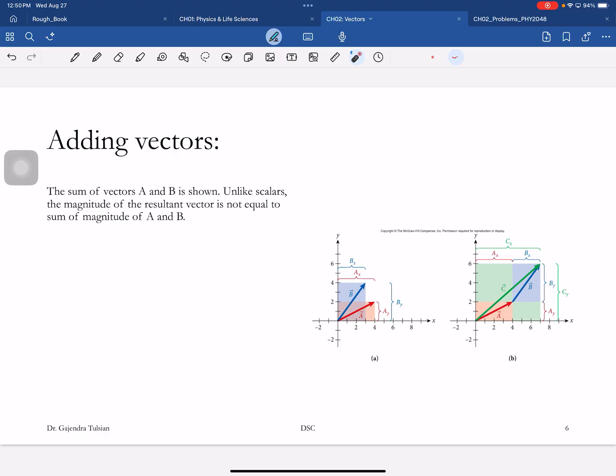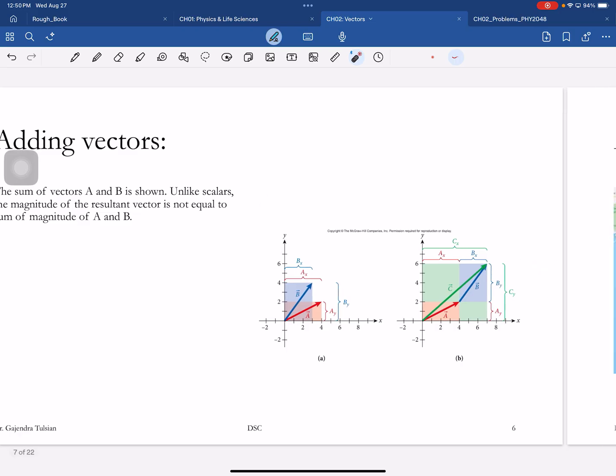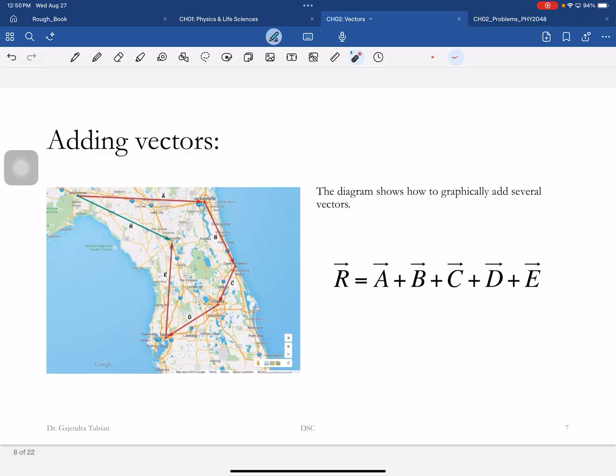If you're doing 2 dimensions, this is in a plane. It's not on the surface of a basketball or an orange. So you can move this parallel to itself. Here's A, there's B, and there's A plus B. You know how to add 5 vectors or an infinite number of vectors. There's the sum.